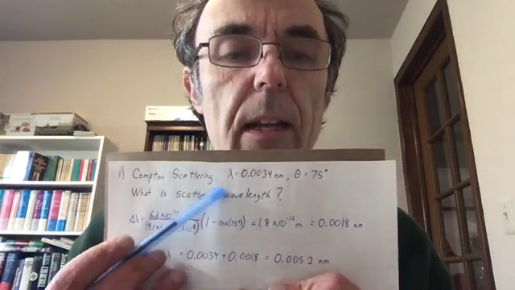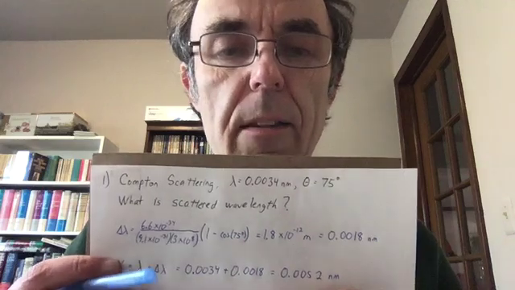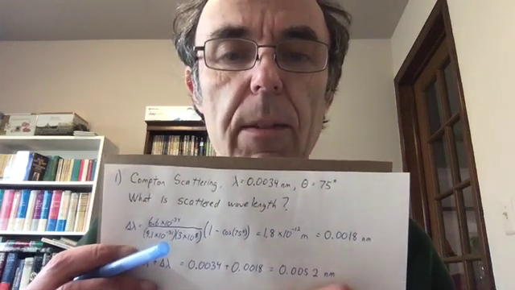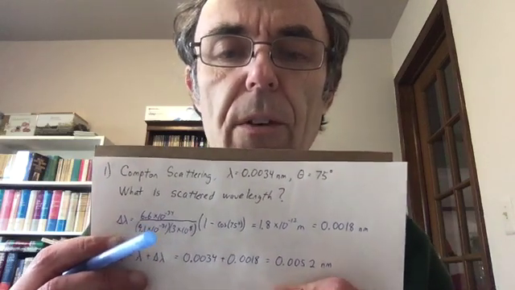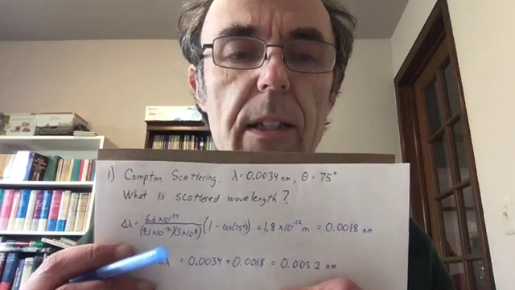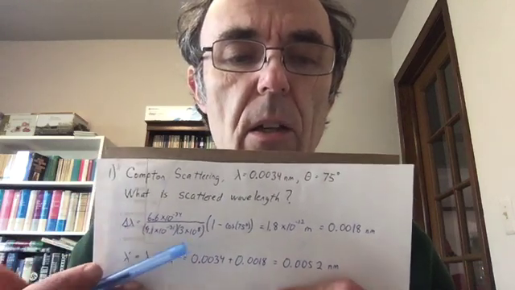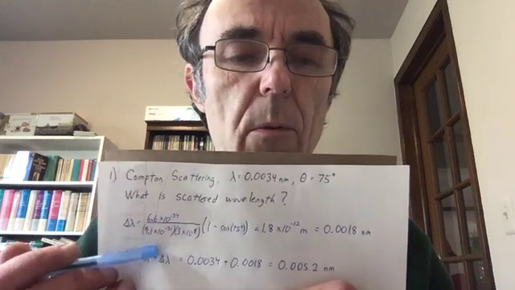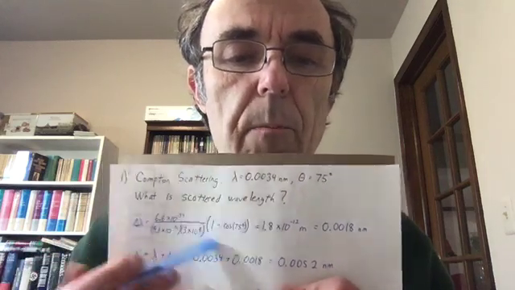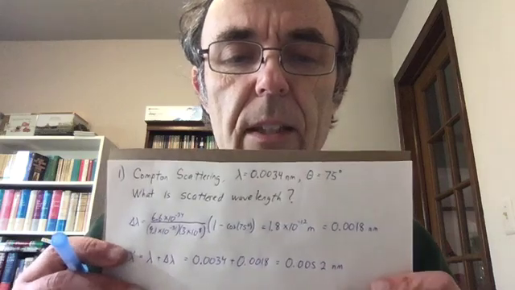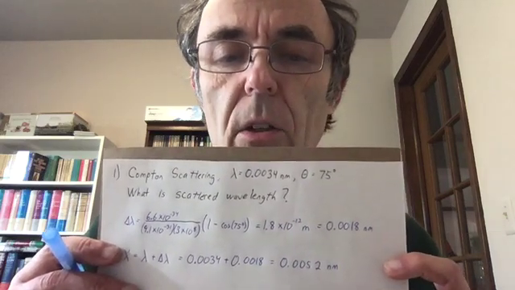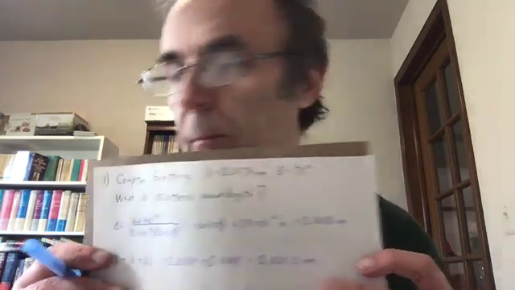Now, remember that the electron recoils and takes away some of the energy. So the scattered photon is always lower energy than the incoming photon, and therefore the scattered photon is always a longer wavelength. So if you can't remember whether this is a plus or a minus here, just remember the scattered photon has to have a longer wavelength than the incoming photon.